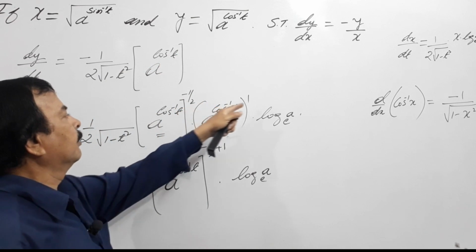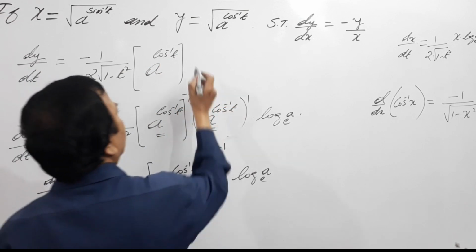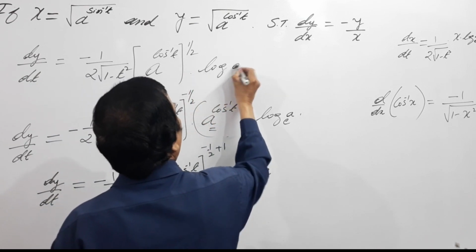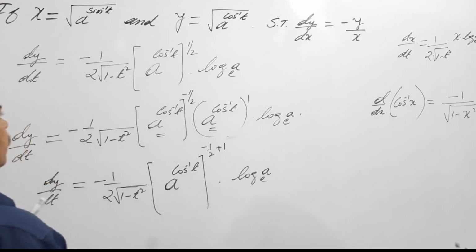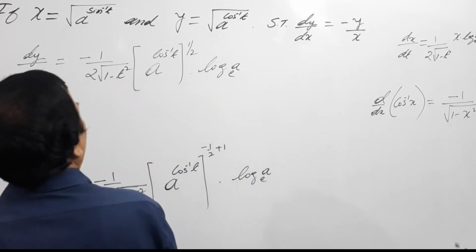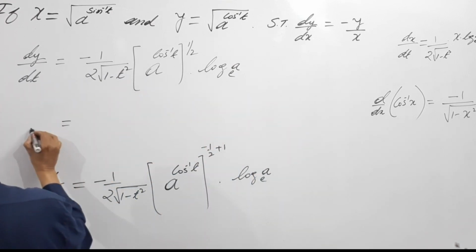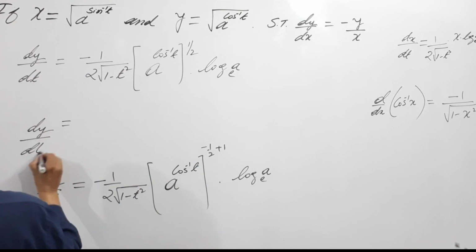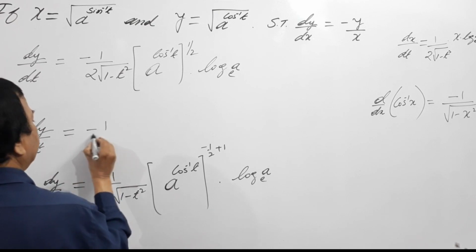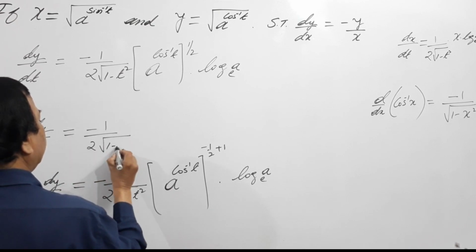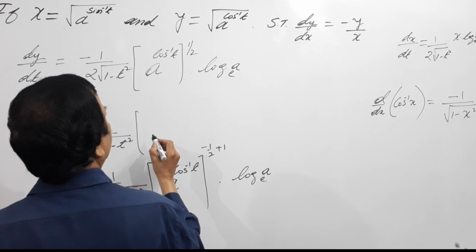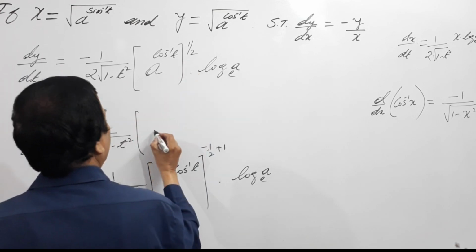So minus half plus 1 is plus half, into log a to base e. So this dy by dt equals to minus half into 1 minus t square. So this becomes what? I will write this under the root.